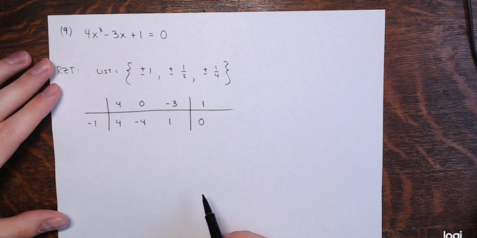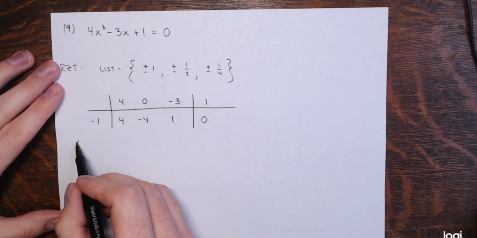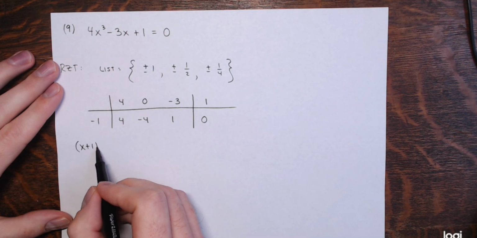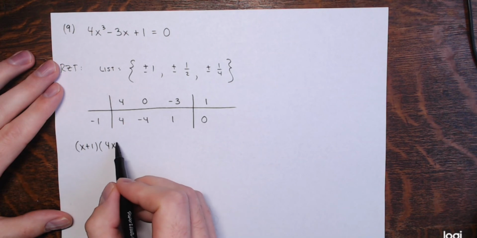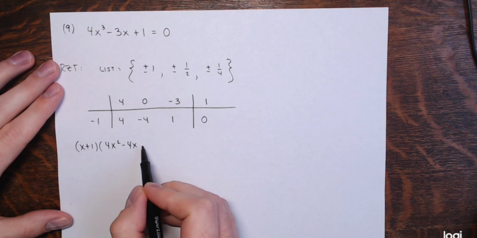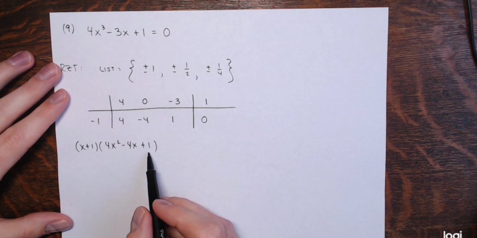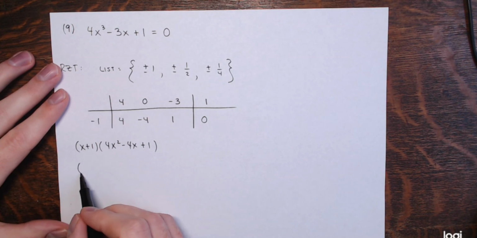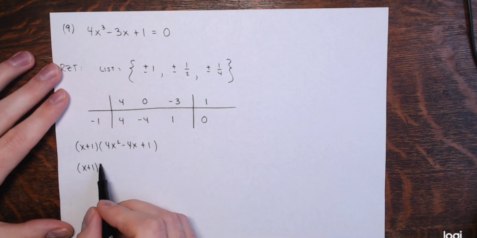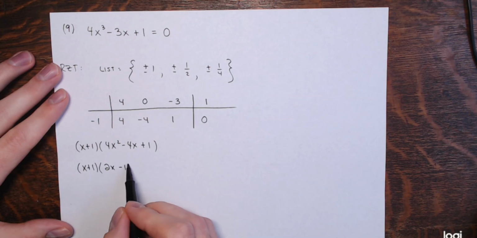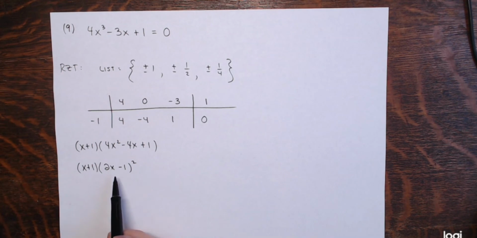So this polynomial factors to x plus 1 times 4x squared minus 4x plus 1. And this is nice and factorable as well. This is actually one of those perfect square trinomials. This is x plus 1 times 2x minus 1 squared. That would factor to 2x minus 1 times 2x minus 1.